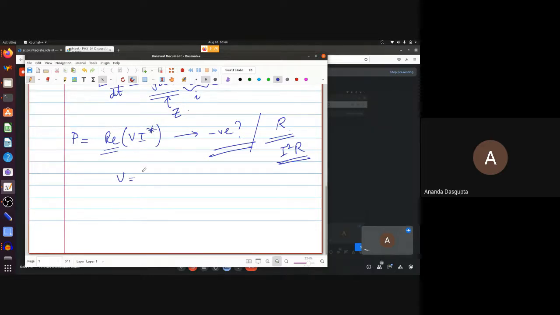Let me just point out one thing. Suppose I am talking about a particular impedance, some Z. It could be an inductance, could be capacitance, could be something else. Could be resistance, could be some combination. So V will be Z times I, right? So the power is actually real part of Z times I mod square. I mod square, of course, is a positive number.